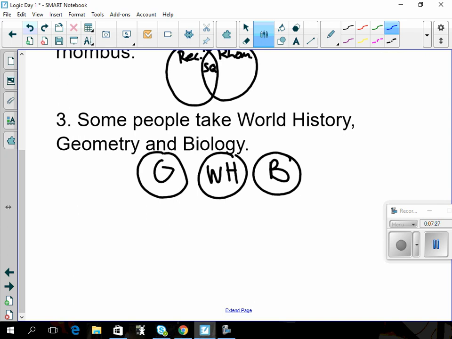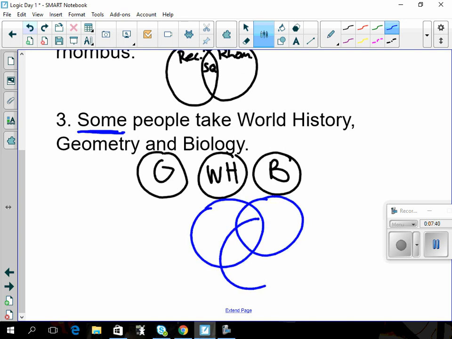I agree with the three circles, and that's the first step. Absolutely. We have world history, geometry, and biology, but because of the word some, we really need to make sure that those three circles overlap. So we have geometry, world history, and we have biology.